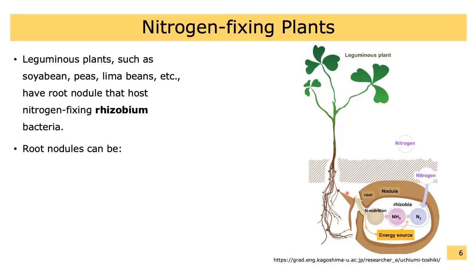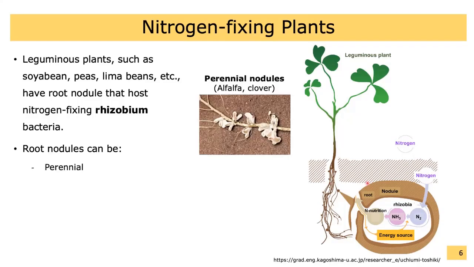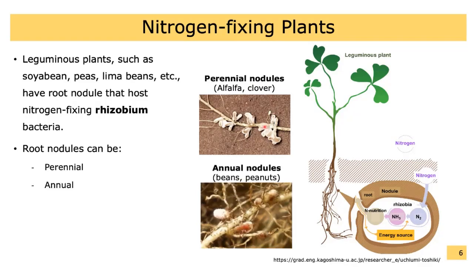Root nodules can be perennial, as in alfalfa and clover, or they can be annual, as in beans and peanuts. In annual plants, nitrogen fixing bacteria stop fixing nitrogen as soon as the plants start making seeds.